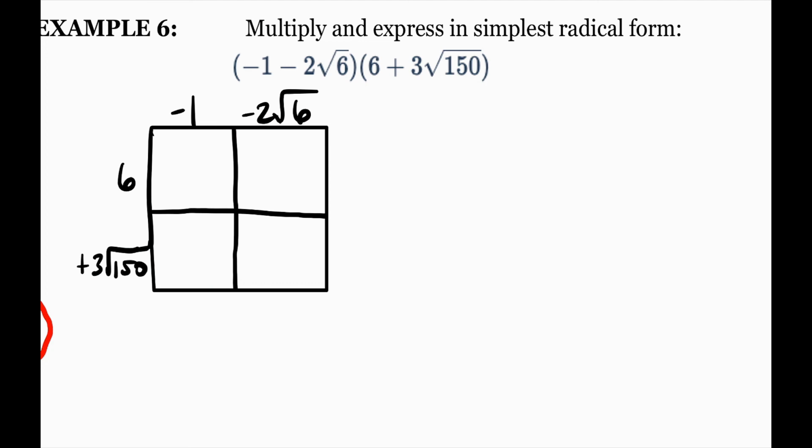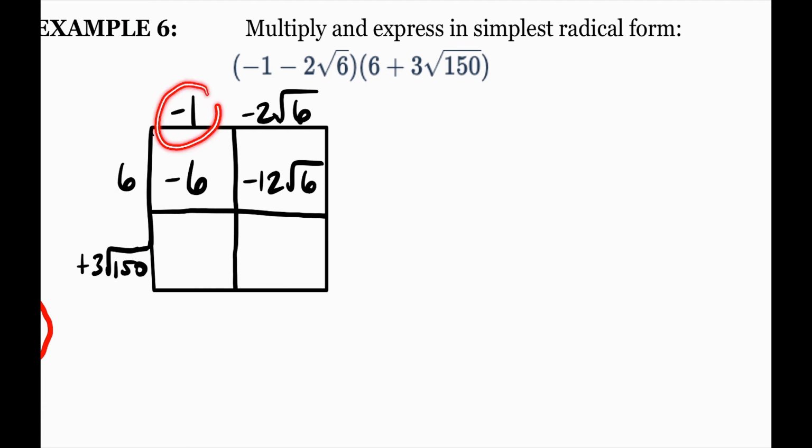Okay. Negative 1 times positive 6, negative 6. Negative 2 times positive 6, negative 12 square root of 6. Okay.